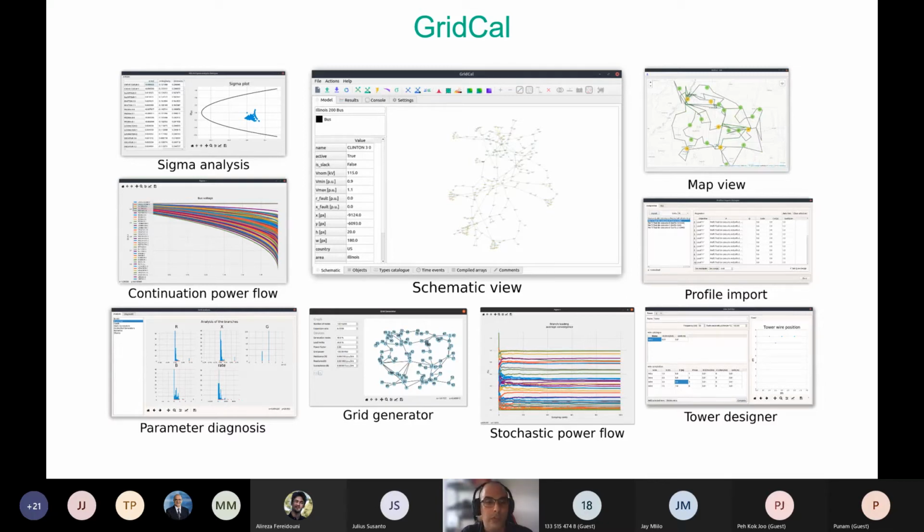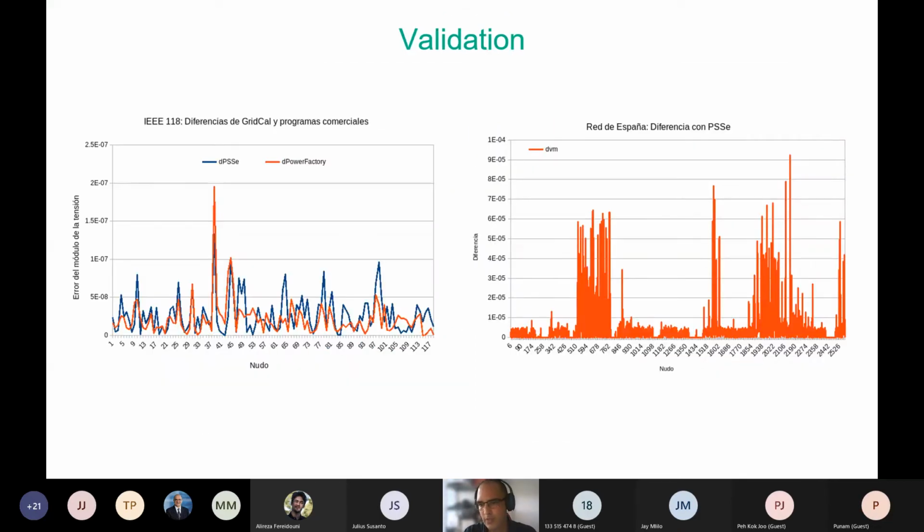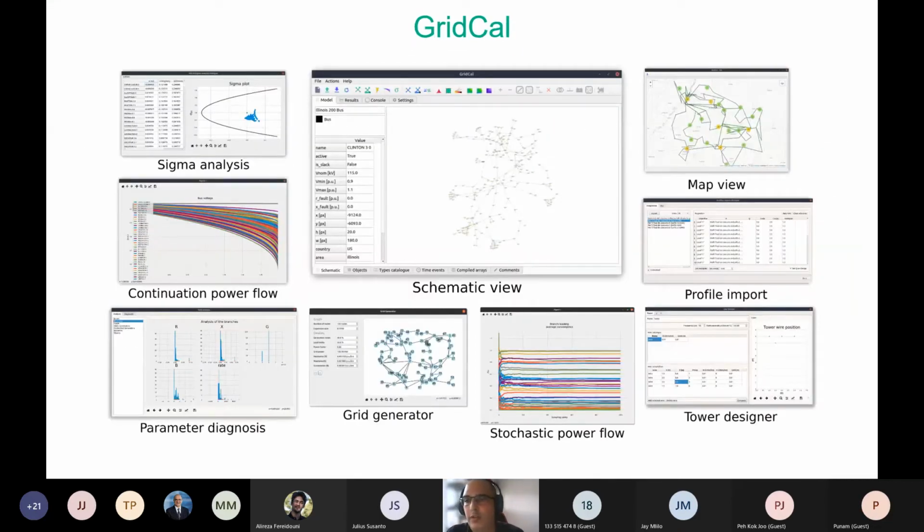There's also a random grid generator, which if you are an academic, sometimes you need that. If you want to generate a 5,000 node grid, you just click 5,000 and generate, and there you go. Stochastic power flow, then maps and the file inputs and many other windows that we do not see here.